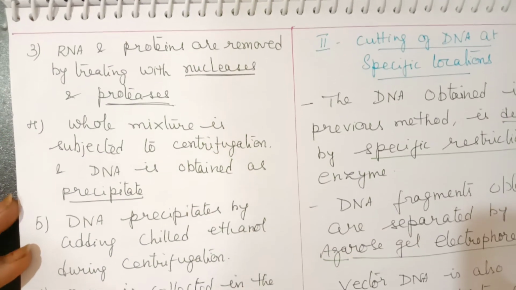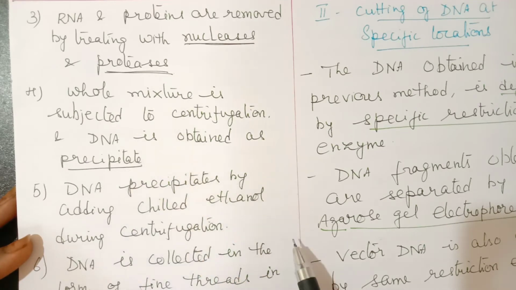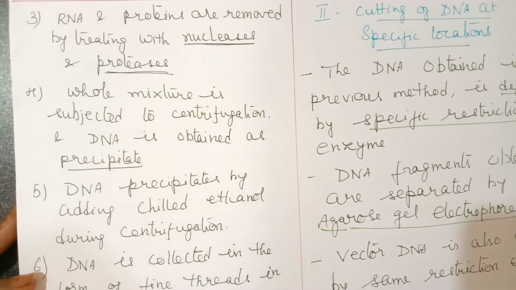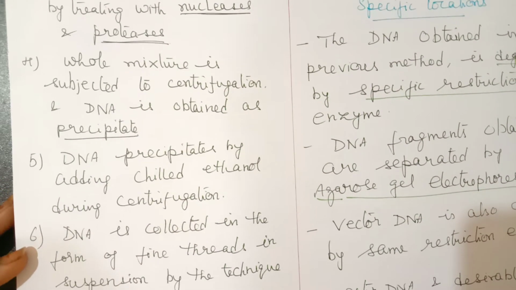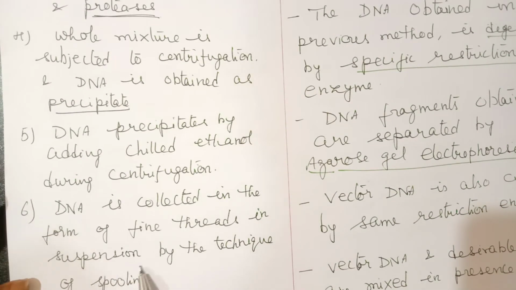The whole mixture is subjected to centrifugation and DNA is obtained as a precipitate. DNA is precipitated by adding chilled ethanol. Then DNA is collected in the form of threads in suspension by a technique called spooling.